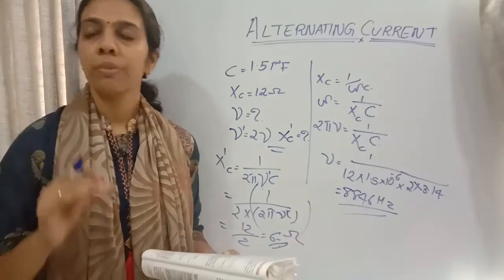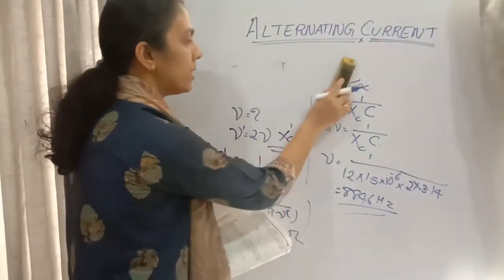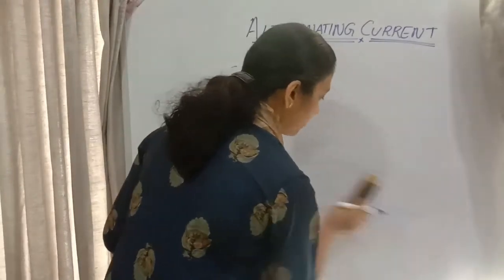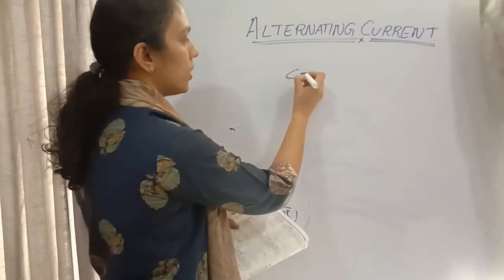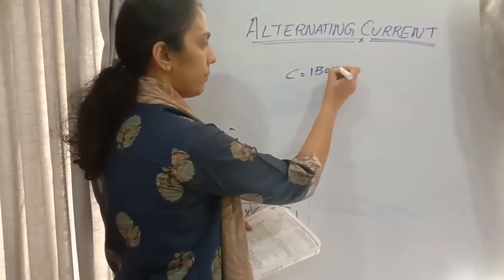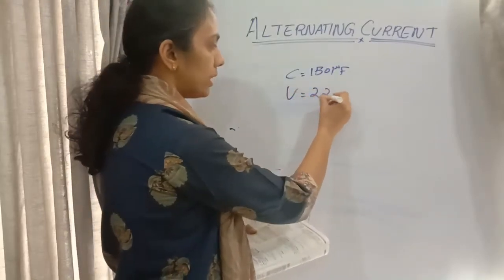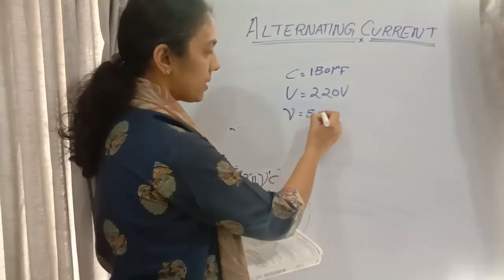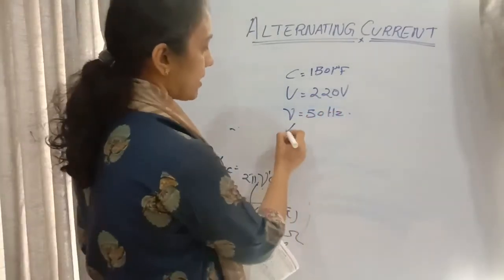Xc means 1 by omega C. So in the question, capacitor equals 15 microfarad, voltage equals 220 volt, frequency equals 50 hertz. Then find the capacitive reactance Xc.